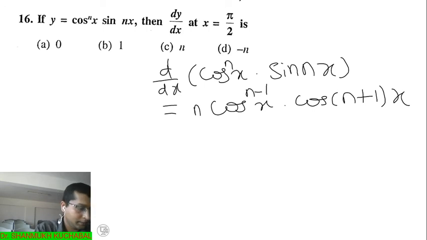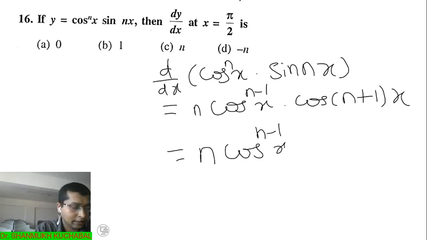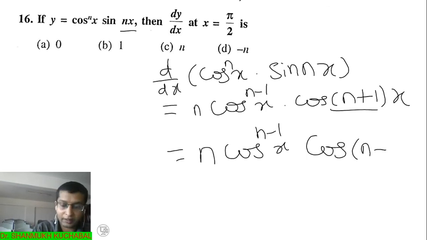So using this formula, it is n cos raised to n minus 1 x. Further, for nx, one increment we have to take, so that is n plus 1. So we get cos n plus 1 times x, right? Okay.